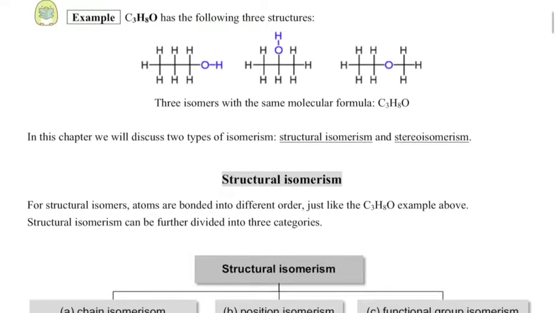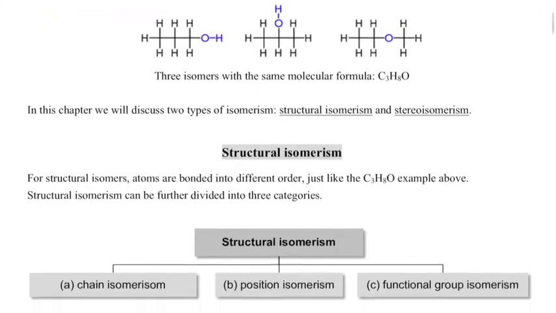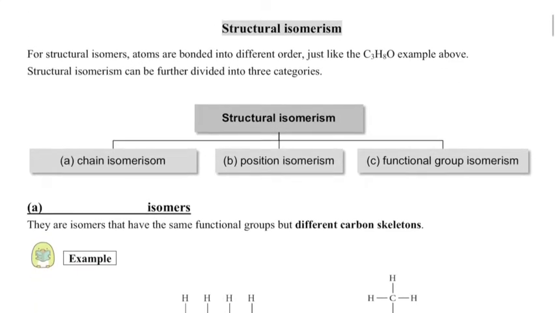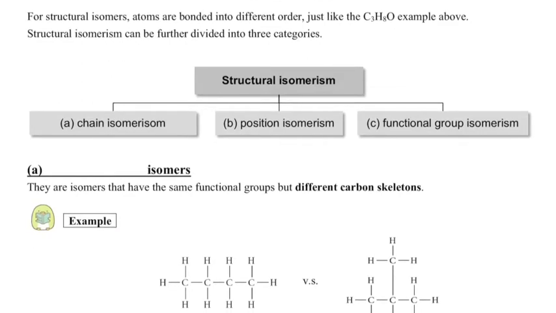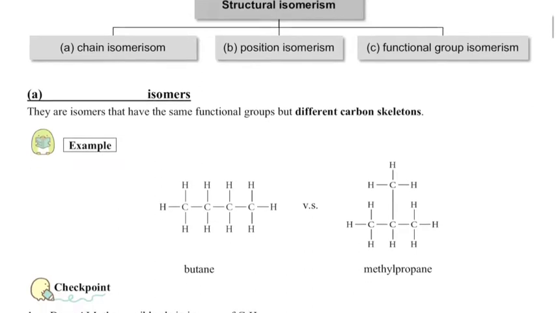We can place the O at a different position and make it into a different molecule. For structural isomerism, we have three subgroups: chain isomerism, position isomerism, and functional group isomerism. Let's look at them one by one.